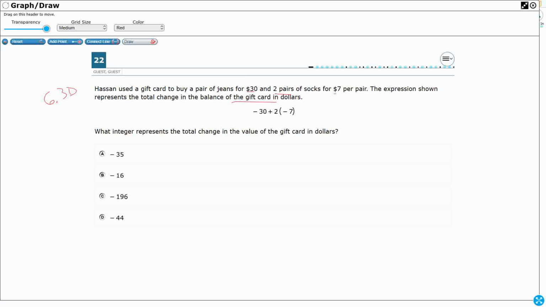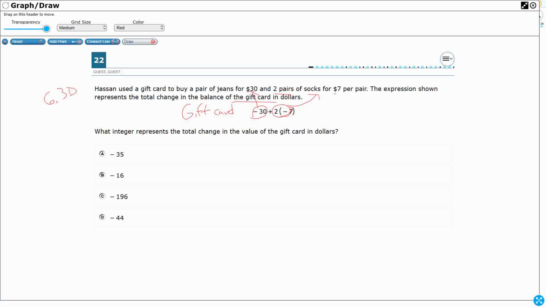Okay, so we have a gift card, and then when you buy stuff off a gift card, the balance is being reduced, right, until you use the gift card up. So Hassan takes away $30 for the jeans, and then 2 sets of taking away $7 for the socks.